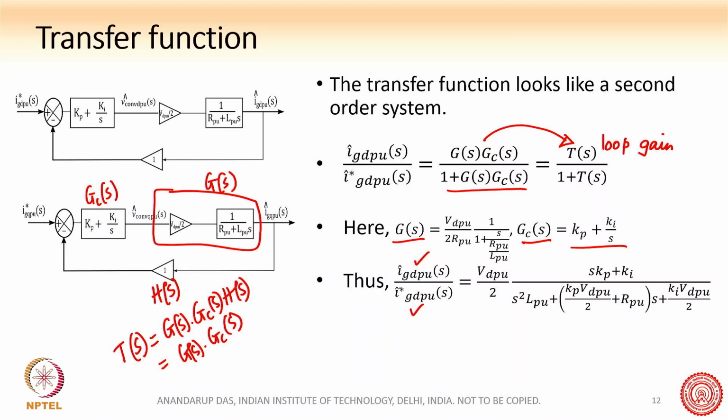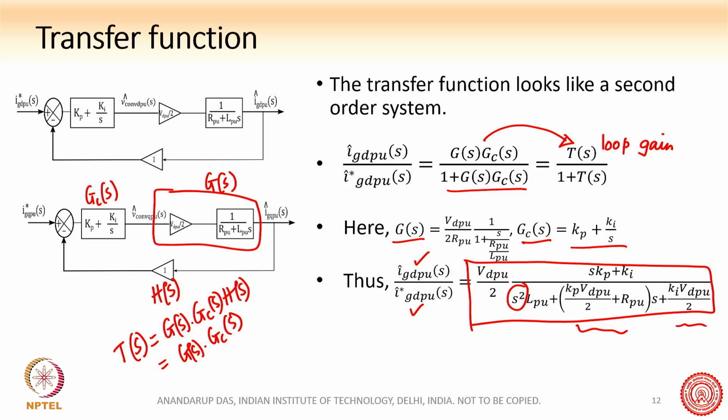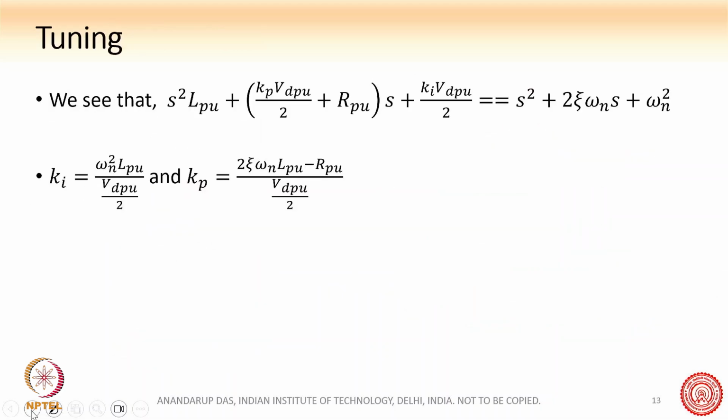So then this is the transfer function, and here you can see that for IGD, it is typically a second order system. You can see here this is the S square, and you know this 2 zeta omega n S term comes here, and then you have this omega n square term here, right?